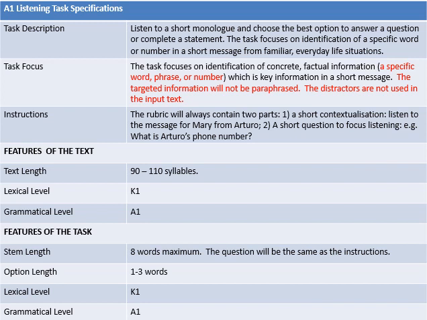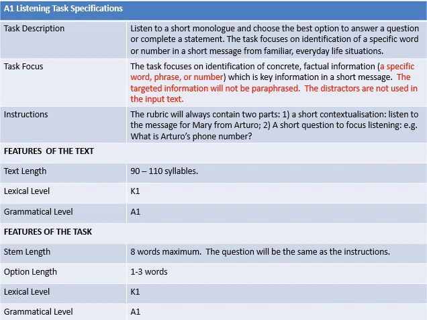It should be a word, phrase, or number, and it should be the key information in a short message, usually a message on an answer phone. And importantly, the target information isn't paraphrased, so it's quoted verbatim, and the distractors are not used in the input text. So we can see we're operating at a very low level here, a very simple level.